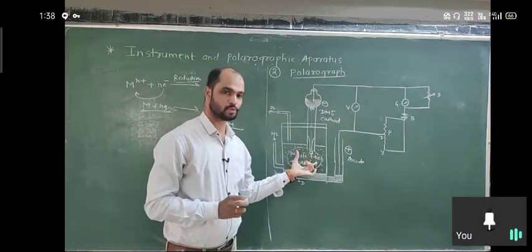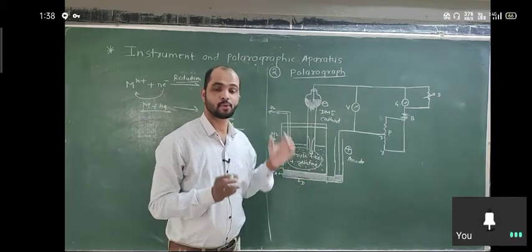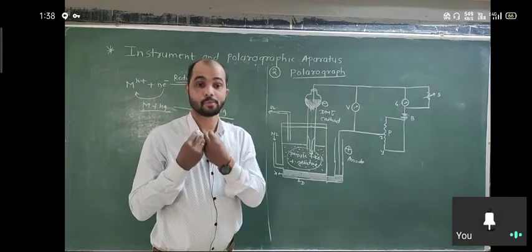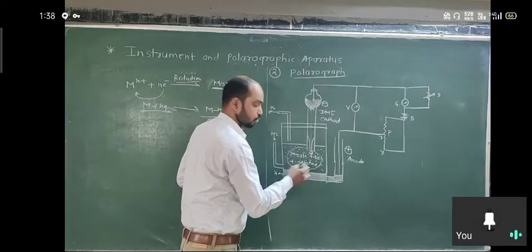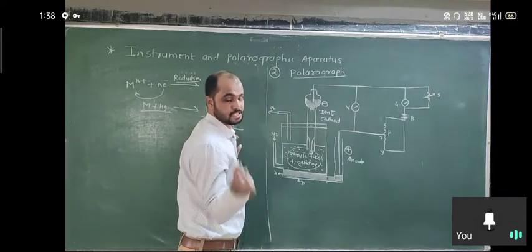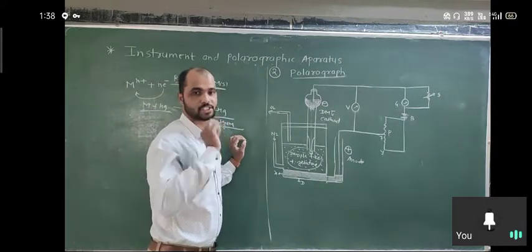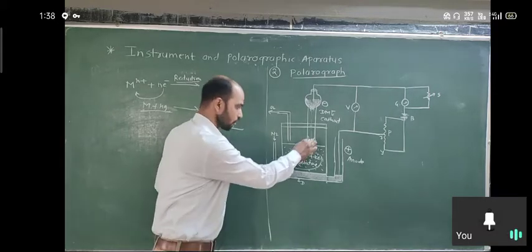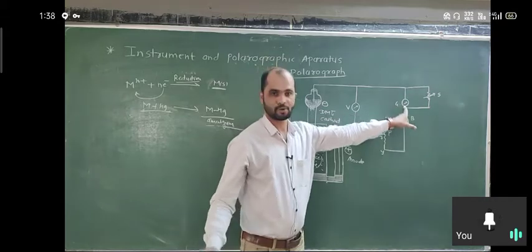If we analyze both using this process, the current passing through the solution is different in both cases, because both require a different number of electrons for reduction. So the flow of current will be different, which we measure in the galvanometer.